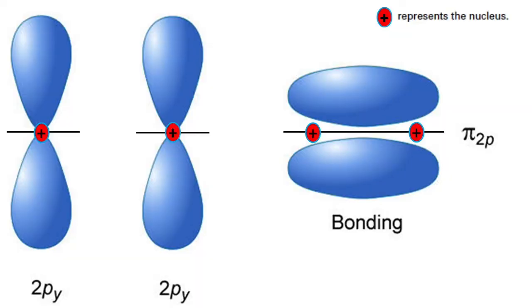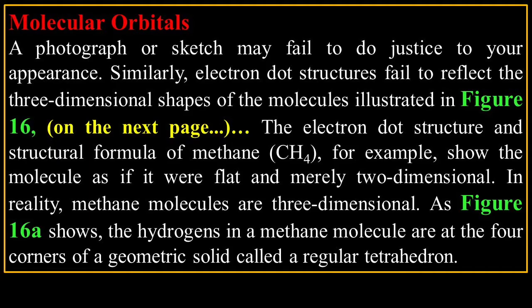So here are 2 side-by-side p orbitals, for instance the 2py and 2py, from 2 different elements forming this bond, and they're side by side, and they form this kind of sausage or 2 pancakes up and down. It's a little bizarre.